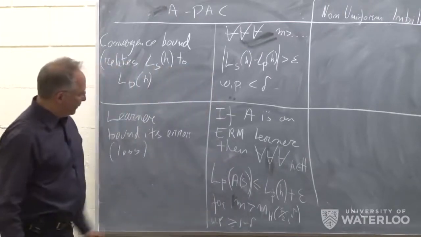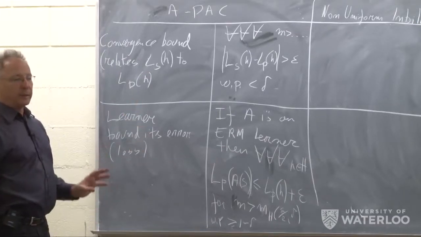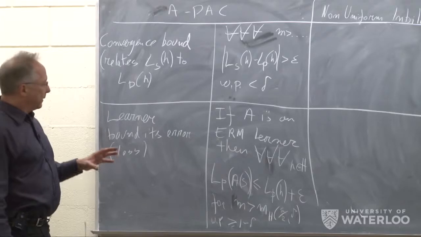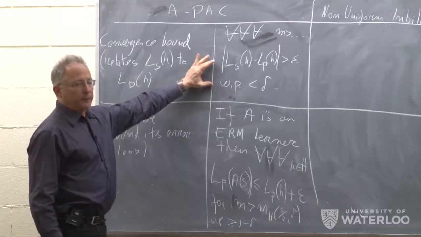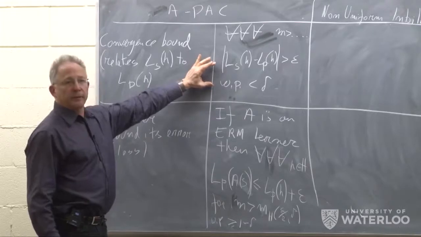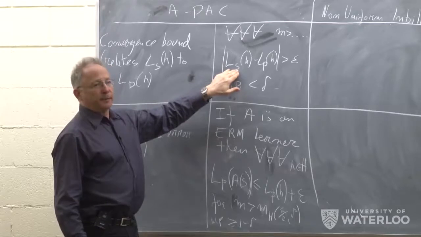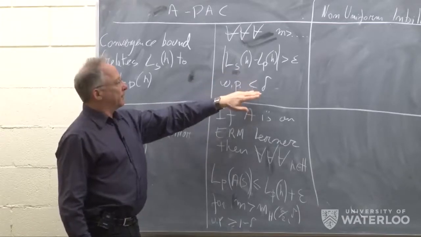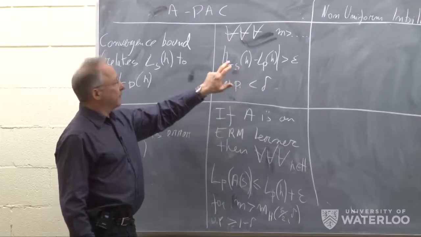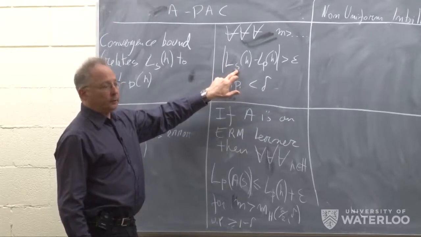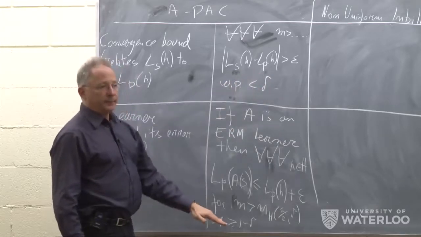I know it may be difficult to read, but it should be familiar. I'm just reminding you of the result. We first had the uniform convergence result: for most samples, with at most delta of them failing, the estimate of the error according to the sample is close to the true error. Then we can use ERM.